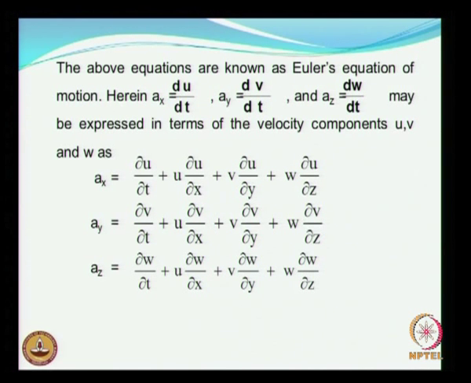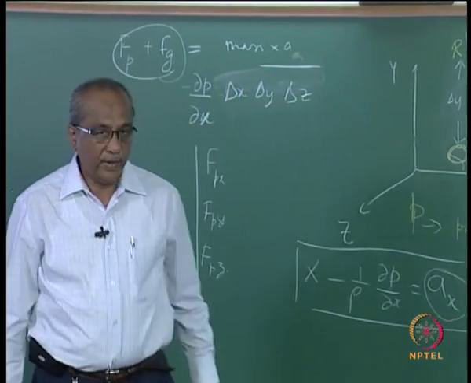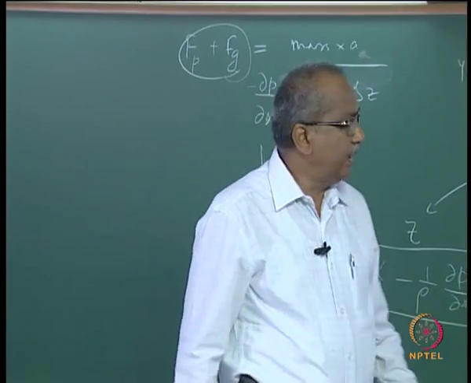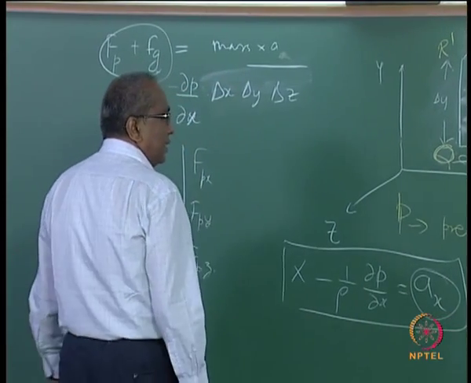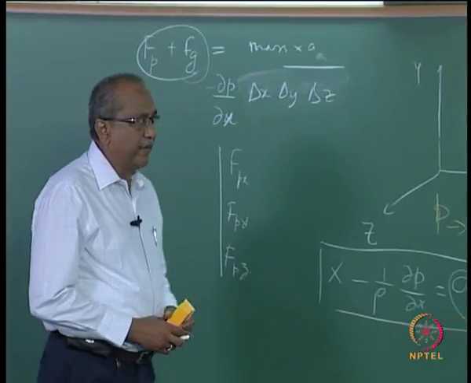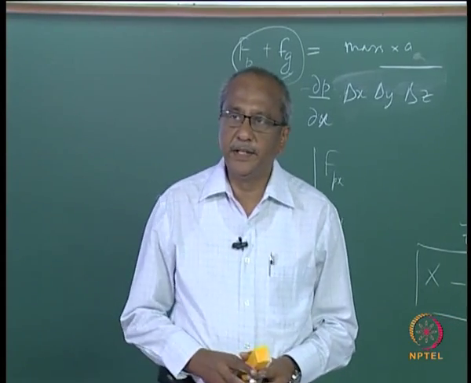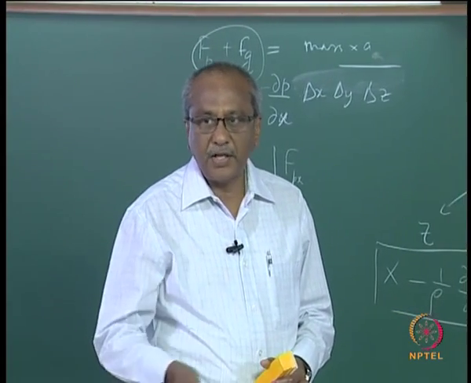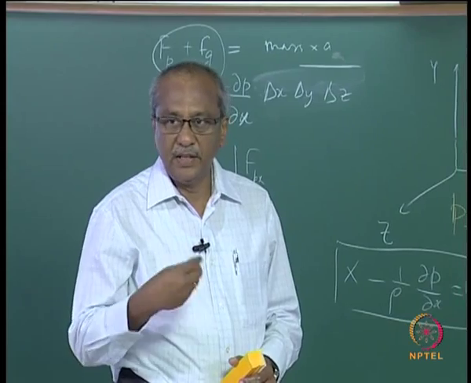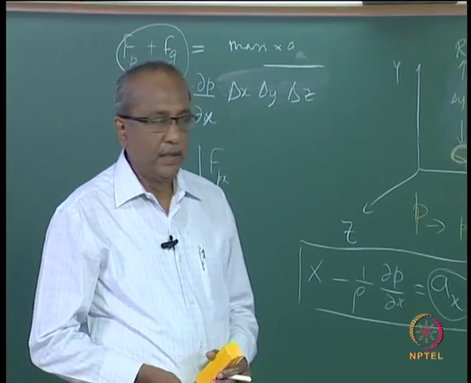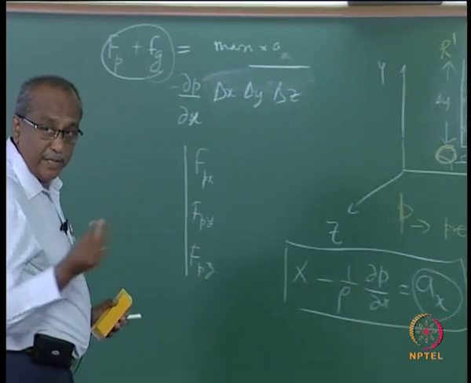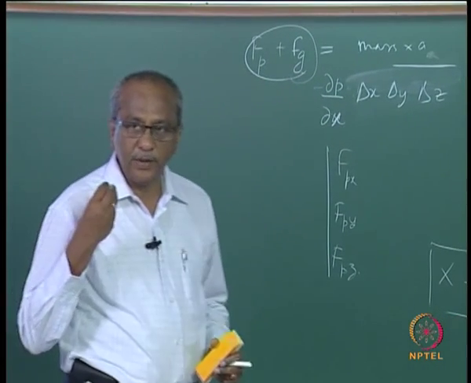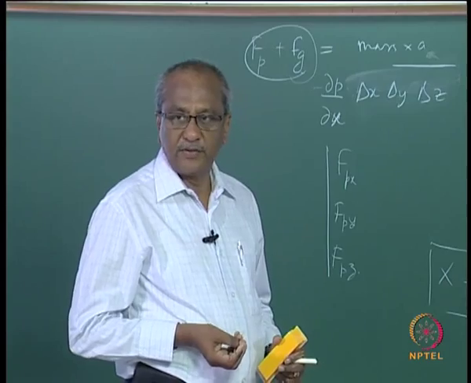Now you see that there is a term Ax. What is this Ax? Ax is termed as the total acceleration. When you want to define it in terms of the velocity components, although we know that it is a differential of velocity, it has two components, one with respect to time and the other with respect to space.